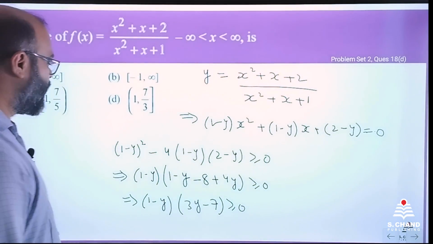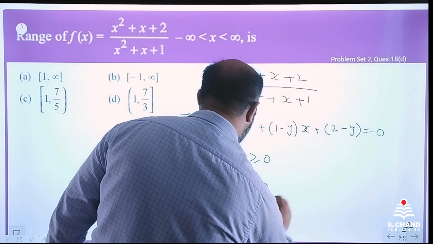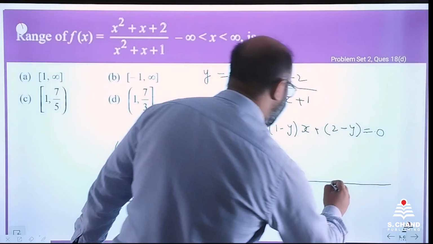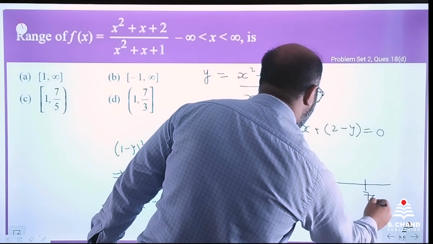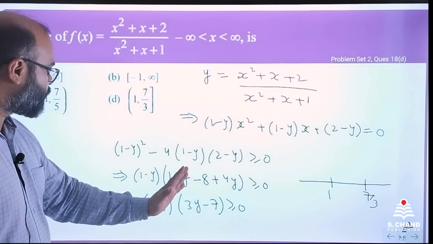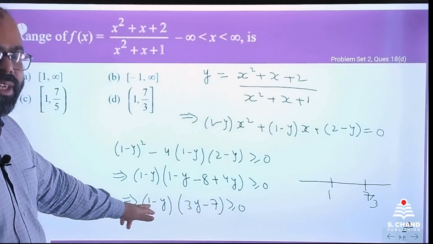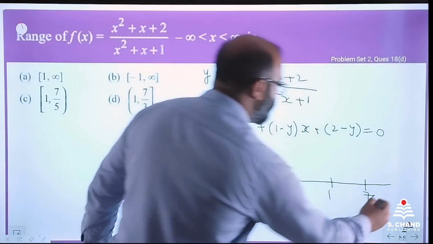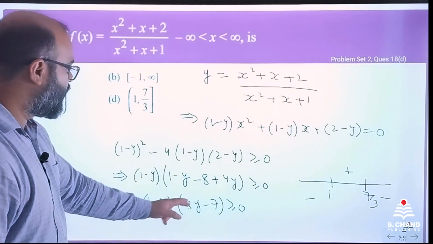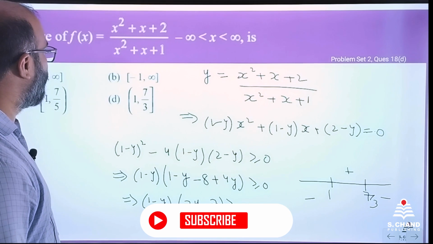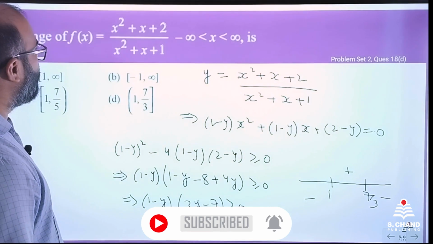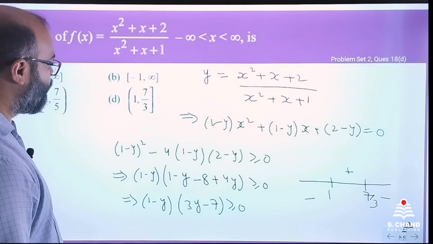Till here we have written. Now we see that this will give you the critical points 1 and 7/3. Now if we take a value beyond 7/3, since the coefficient of y is negative here and positive here, the signs will be negative, positive, negative, and we have to take greater than or equal to 0. So the interval is [1, 7/3].